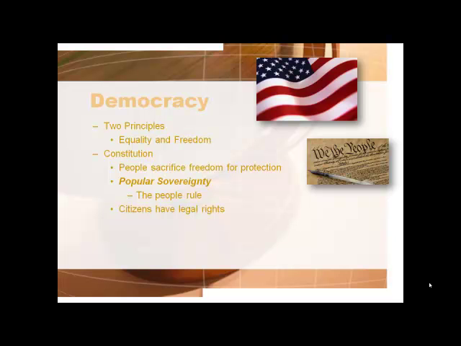If we think about it this way, the citizens are the most important part of society, and the government is there to do the bidding and to help the citizens. In an authoritarian government, the citizens are there to serve the government or the leader. And so we see the difference in a top-down versus a bottom-up approach.